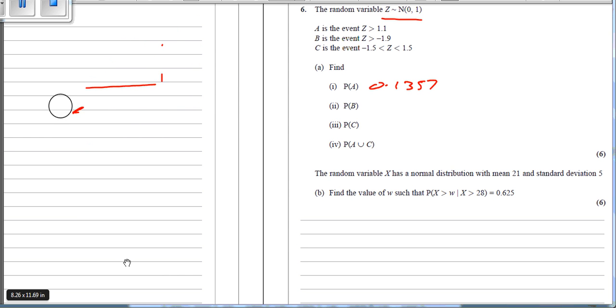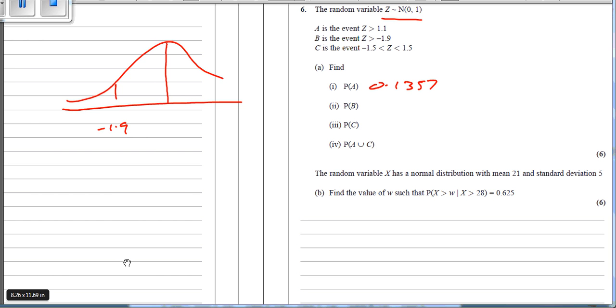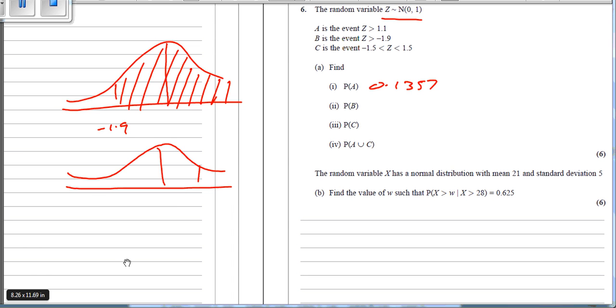Now probability of B. Again, we're going to do ourselves a diagram. So that's minus 1.9, and we want the probability that it's greater than minus 1.9, which is this here. Now, using symmetry, that's the same as 1.9 is here.